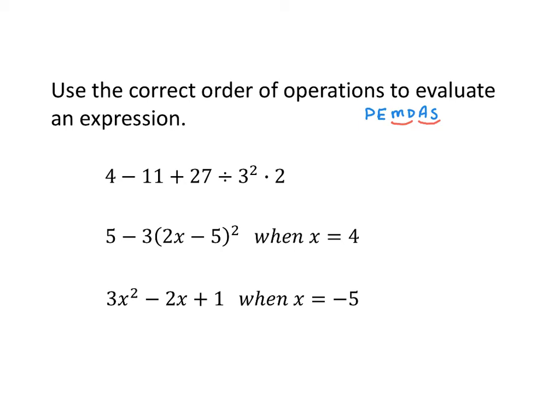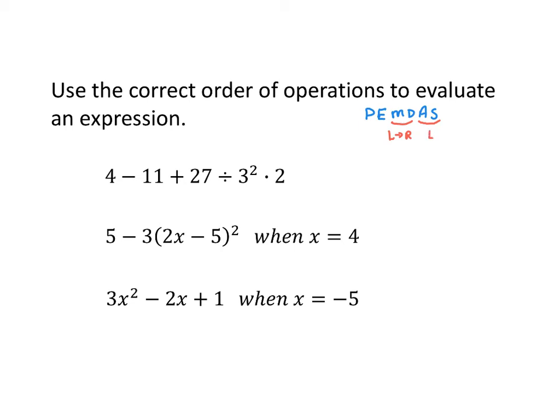Same with addition and subtraction. You can turn subtraction into addition, just like we did with that minus 14x as plus negative 14x. So you don't really do addition before subtraction. Addition and subtraction have the same priority. So for those, multiplication and division, you do them in the order from left to right. Same for addition and subtraction.